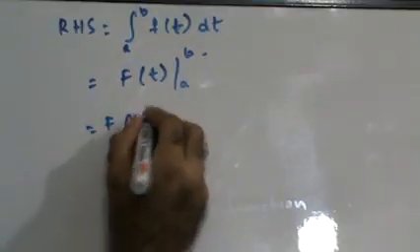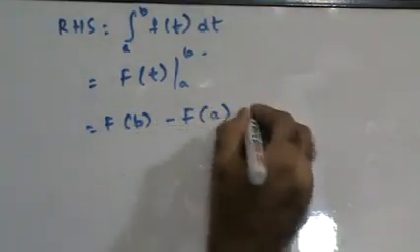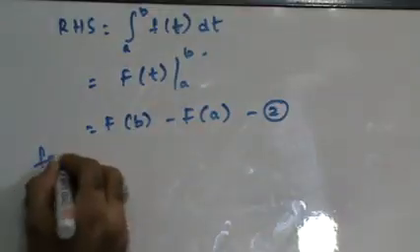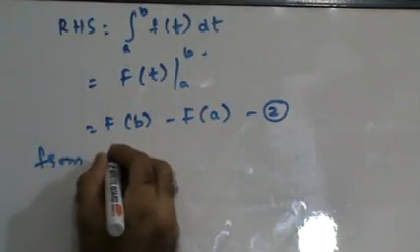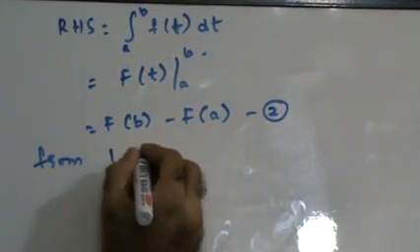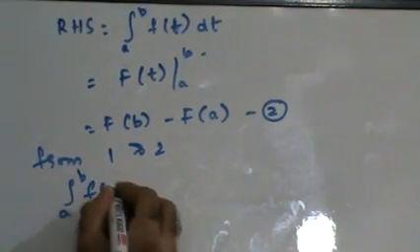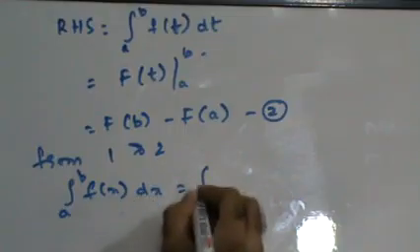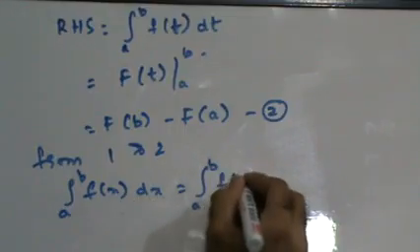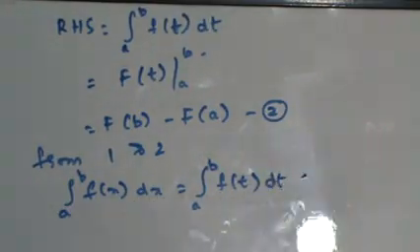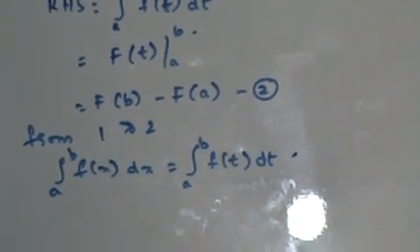This is nothing but upper limit minus lower limit. Call this as equation 2. What we see is that equation 1 and 2 are the same. From 1 and 2 I can say that integral of a to b f of x dx is integral of a to b f of t dt. Right, so you are allowed to change the variables here. Next, let's see another theorem, guys.